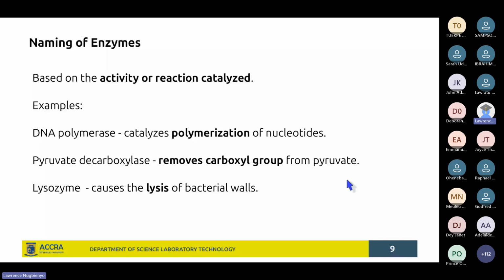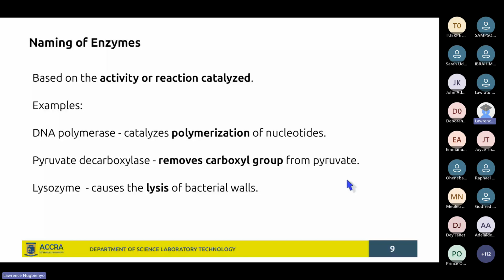And that pyruvate undergoes a decarboxylation process before going into the Krebs cycle. So I hope you did that.